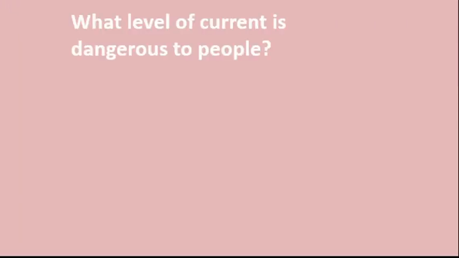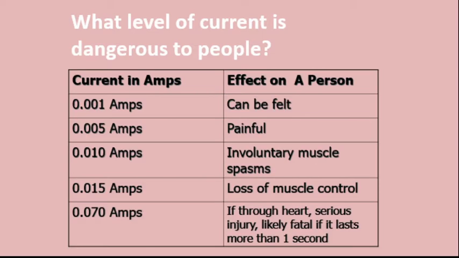What level of current is dangerous to people? Current in amperes: at 0.001 amperes, the effect on a person can be felt, while at 0.005 amperes, the effect on a person could be painful.